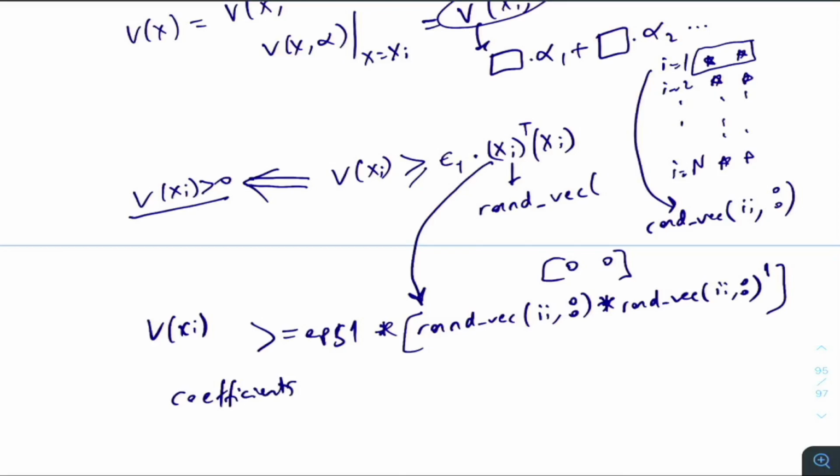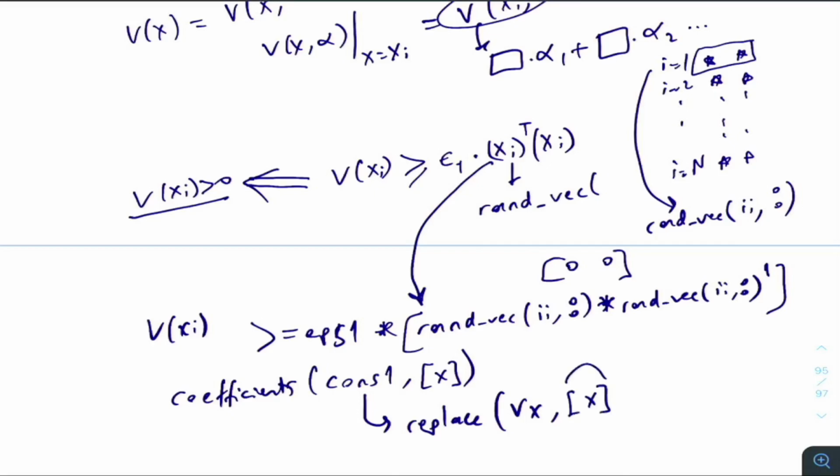coefficients of cons 1 x. Okay, what was cons 1? Cons 1 is replace, right, vx, replace this value with front wake, right, I every column, right.